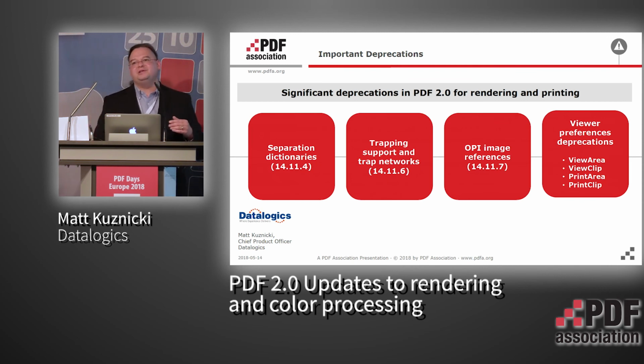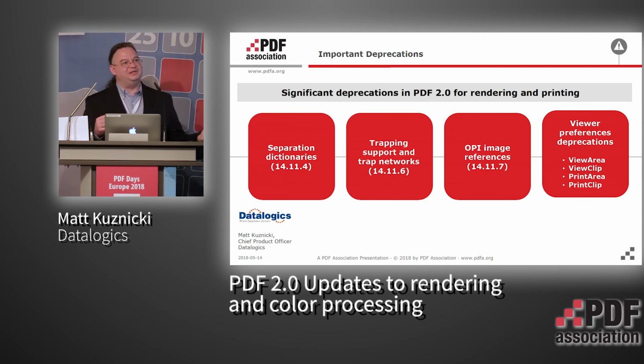OPI, Open Prepress Interface image references, have been deprecated. These were in fairly widespread, quote unquote, use 15 or 20 years ago, not so much anymore. Nowadays, we tend to just include images in PDFs, and when we want alternates, we have more generic and general case mechanisms for file inclusion. So OPI has been deprecated.